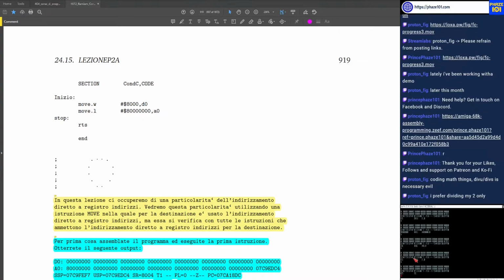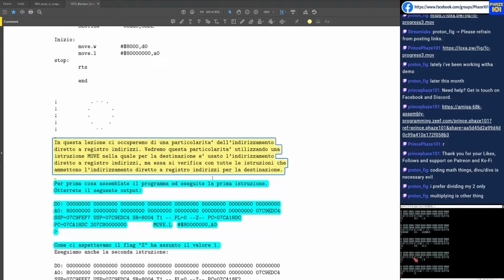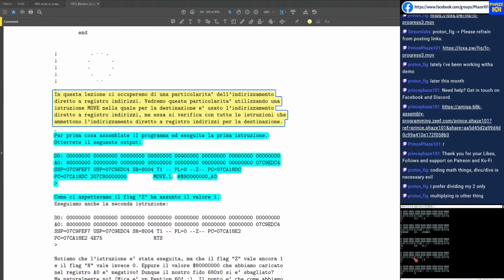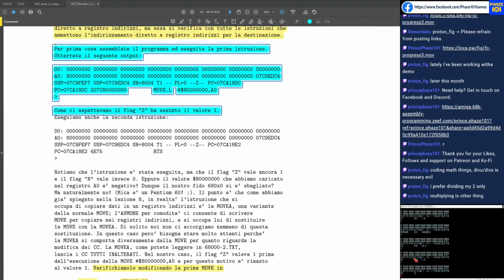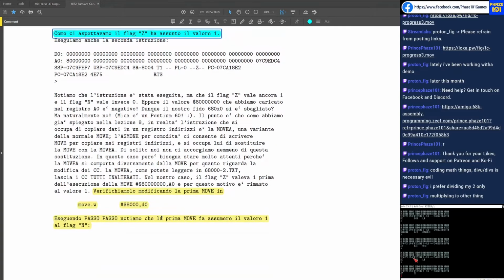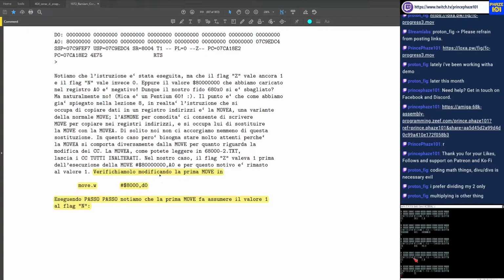So we're going to see the difference between moving data to a data register and moving data to an address register. Funny enough, there's a difference between them. Before I go into actually doing it, I'm just trying to find where he mentions it. I think it's here. It's not highlighted, but I highlighted it with this.